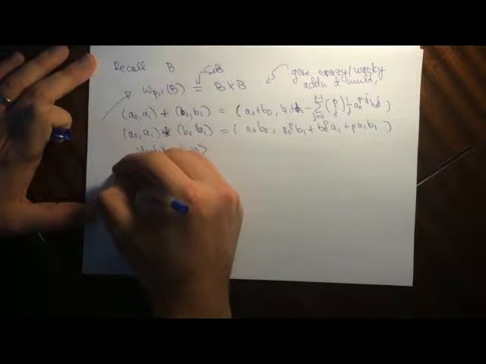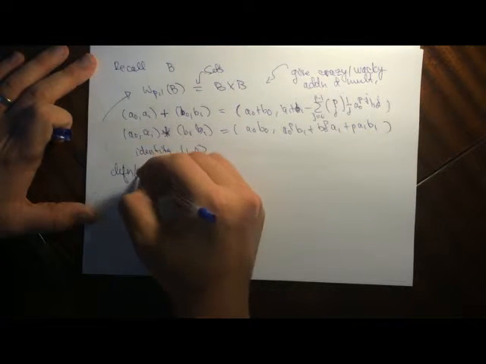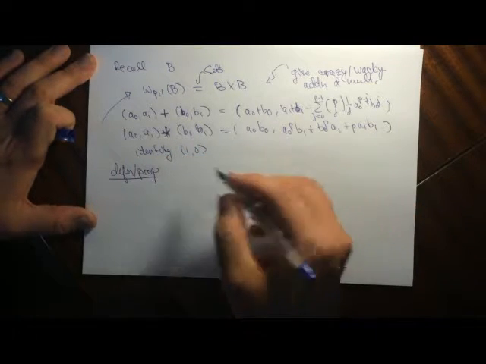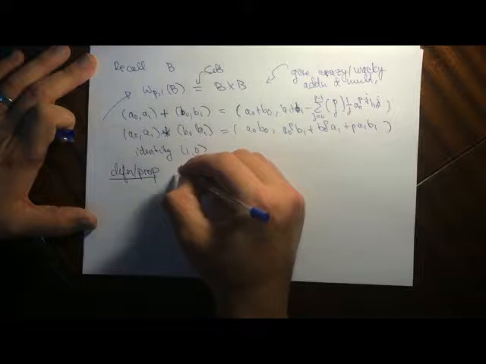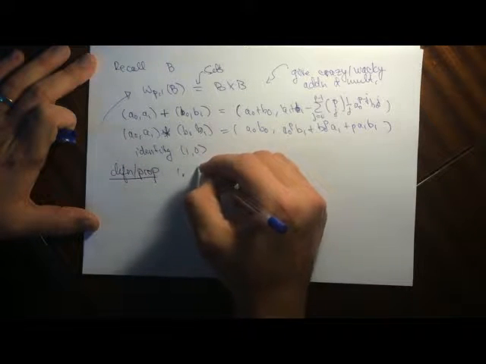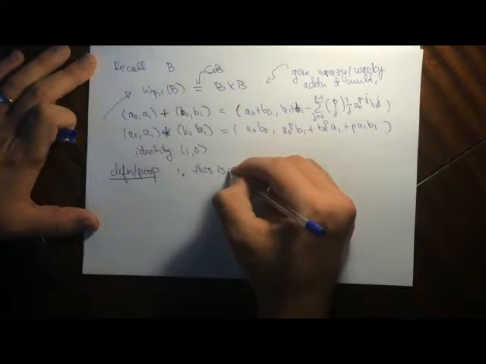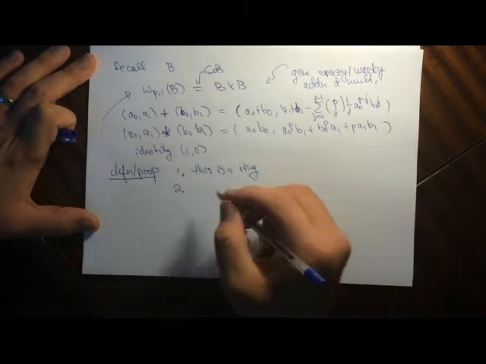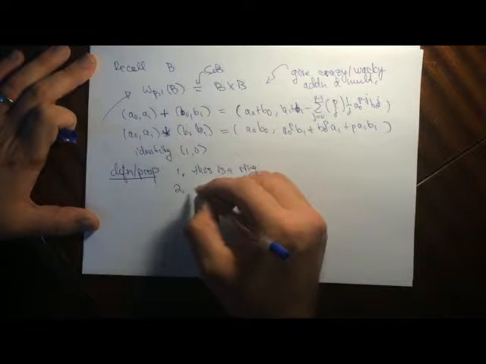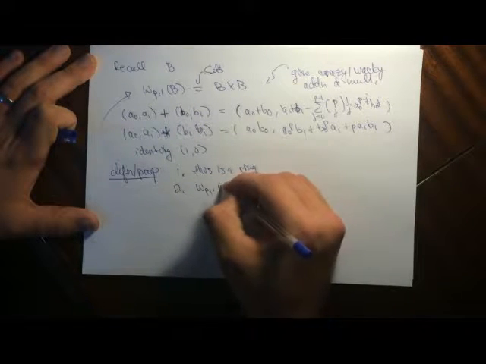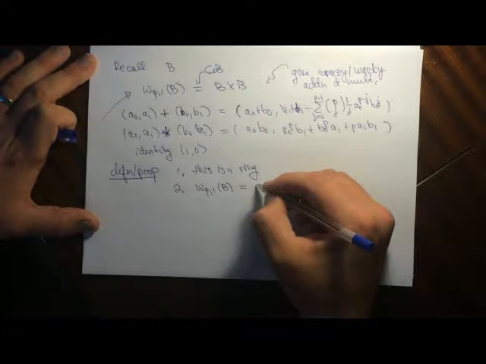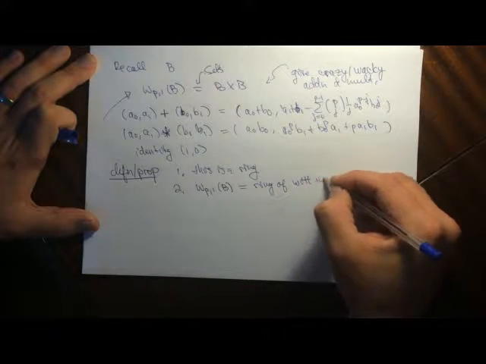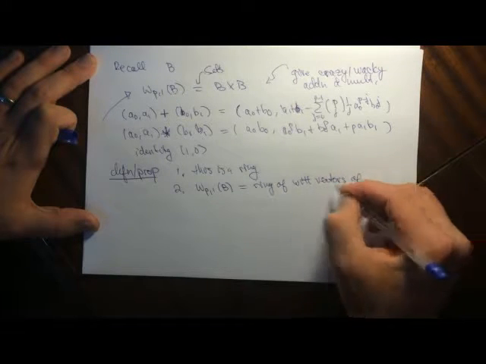So this is a definition / proposition. The proposition part is that this is a commutative ring with identity. The definition part is that for a ring B, this is called the ring of Witt vectors of length 2.